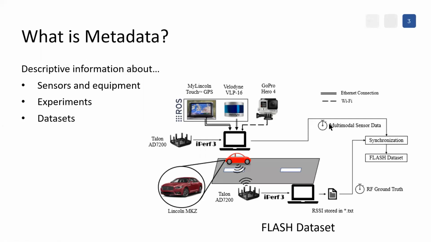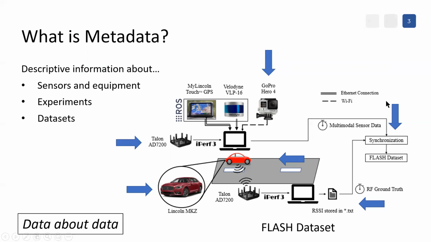Using metadata, we can describe anything such as the sensors being used, such as the GoPro Hero 4 camera or the Talon 80-7200 router, the experiment in general, for example, what scenario we're collecting or what environment we're collecting the experiment in, and the data set in general. So for example, where the data is stored or what is done to the data, such as synchronization of these separate data files. In short, metadata is data about data.